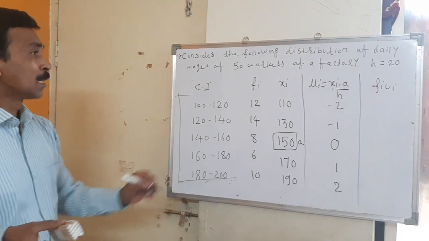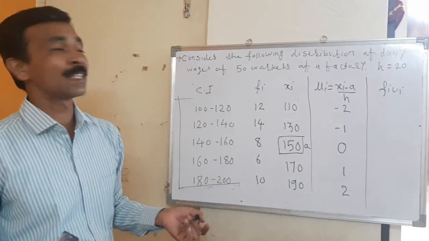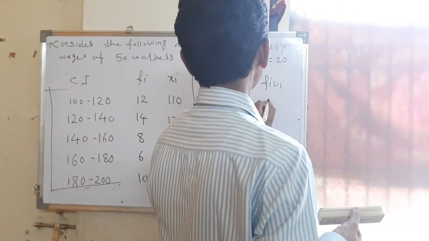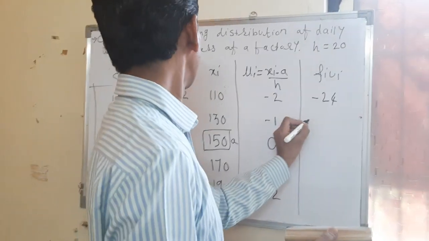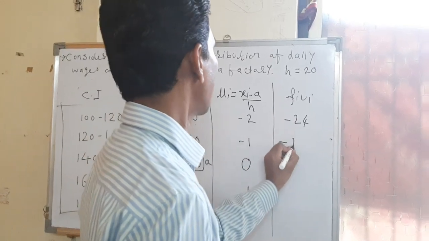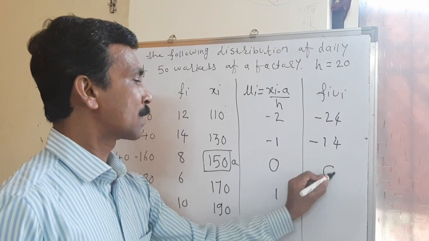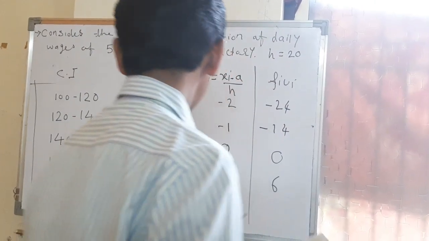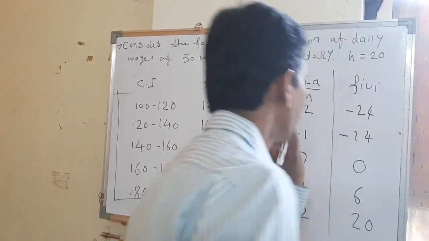Now we have to find Fi Ui. Fi Ui means multiplication of frequency and Ui. So it will be 12 into minus 2 is minus 24. 14 into minus 1 is minus 14. 8 into 0 is 0. 6 ones are 6. 10 twos are 20.